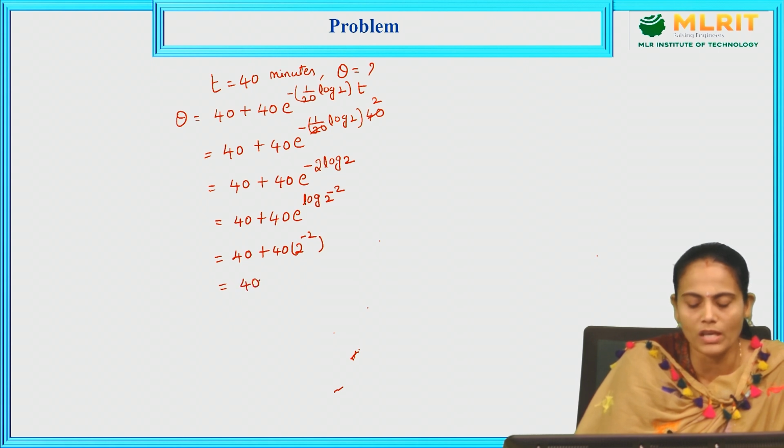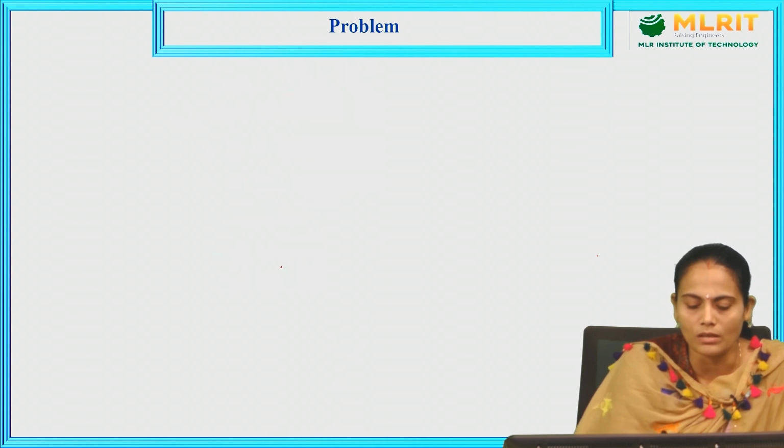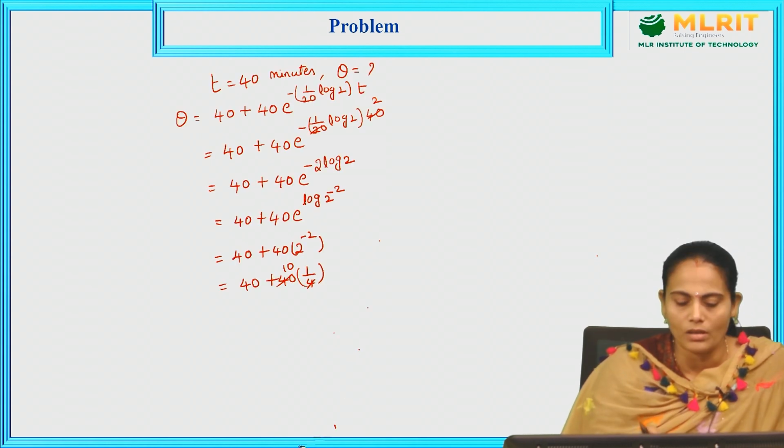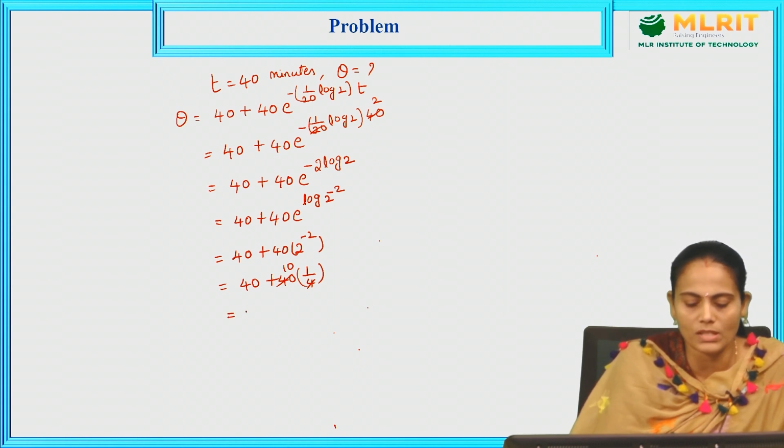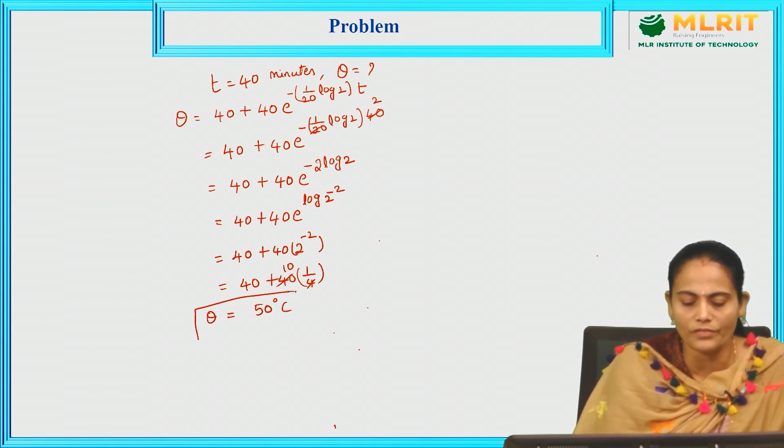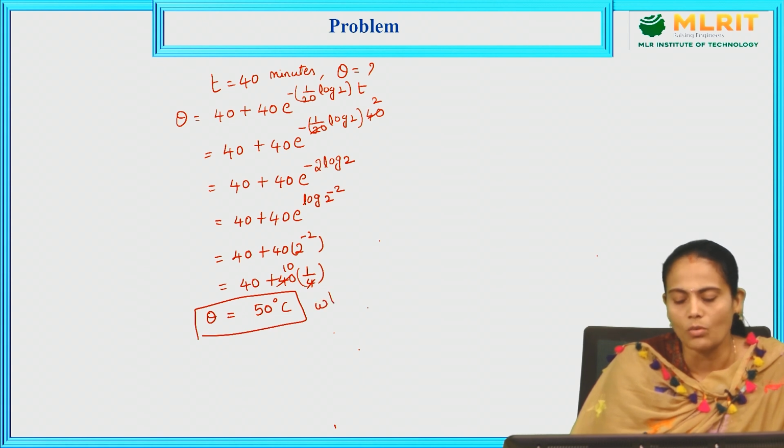So 40 plus 40 into 1 by 4. So this 10 times is cancelled, and now 40 plus 10 is equal to 50. So this is equal to 50. So theta is equal to 50 degrees centigrade when the time is equal to 40 minutes.